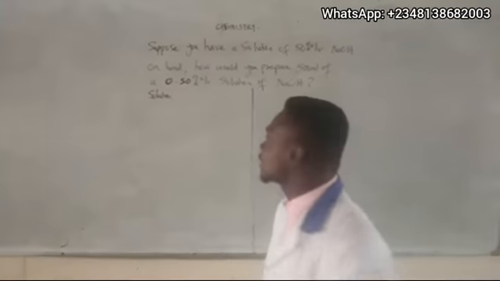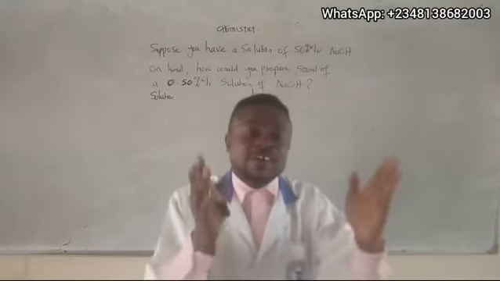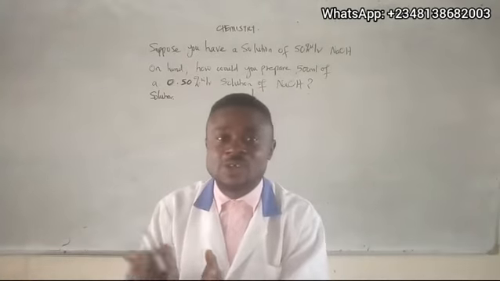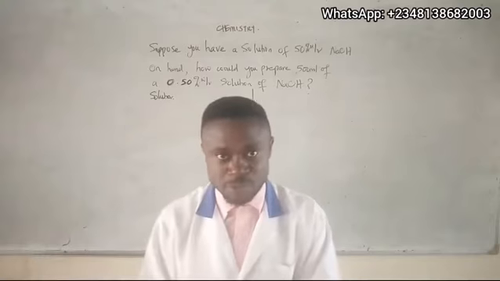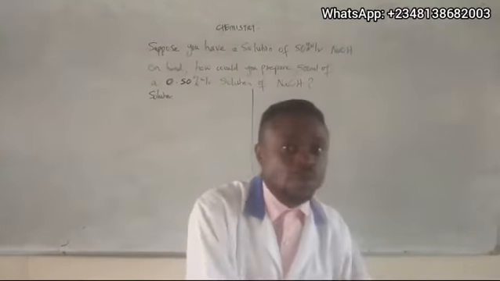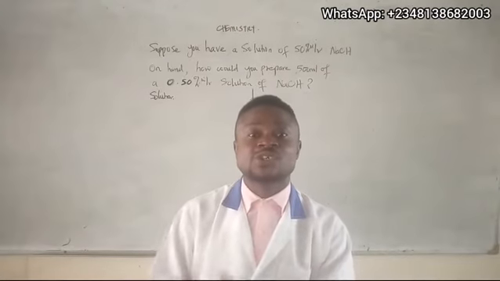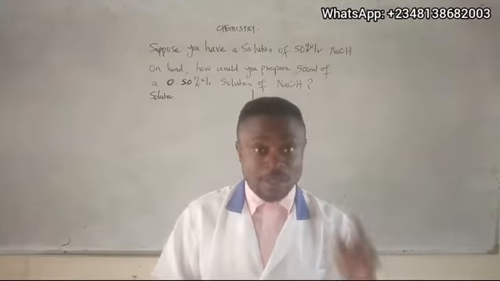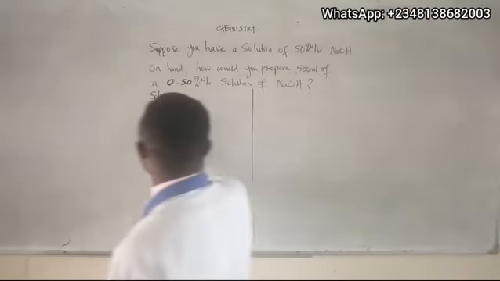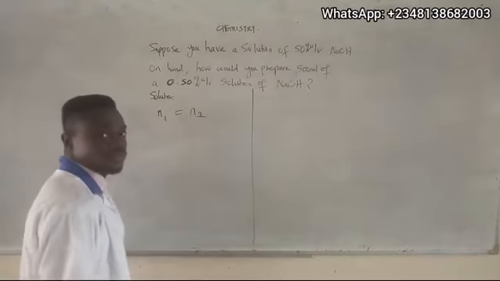If that is the case, it implies that the number of moles, let's assume the first solution is labeled 1 and the second solution produced is labeled 2, so the number of moles of sodium hydroxide in solution 1 and in solution 2 are equal. That is what I've been trying to explain. So N1 is equal to N2.